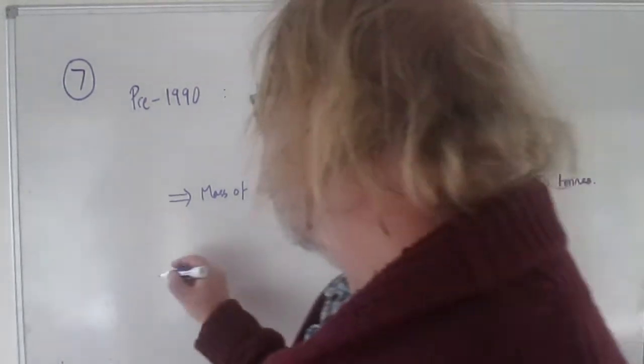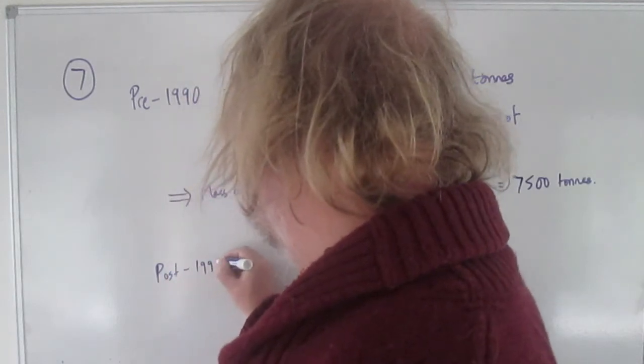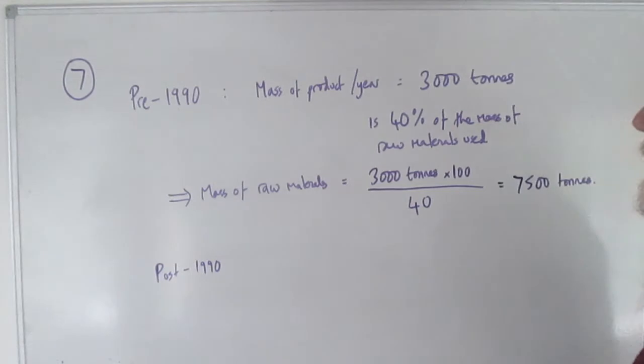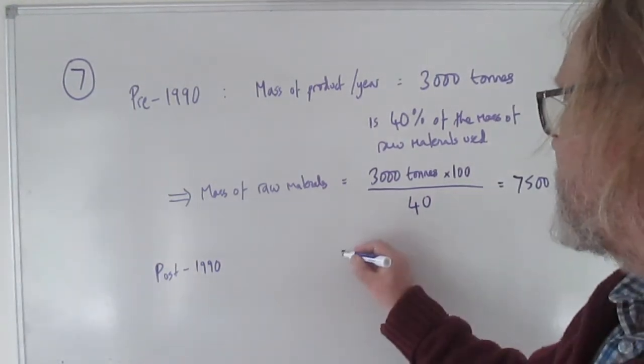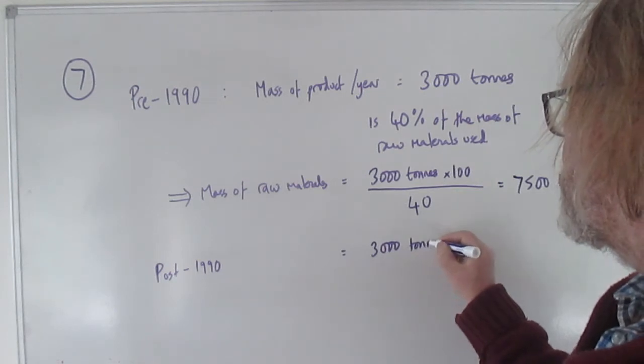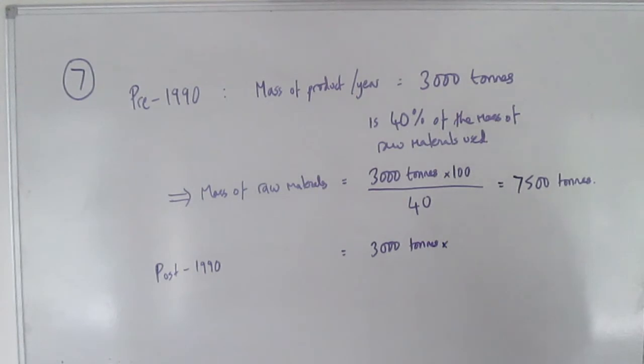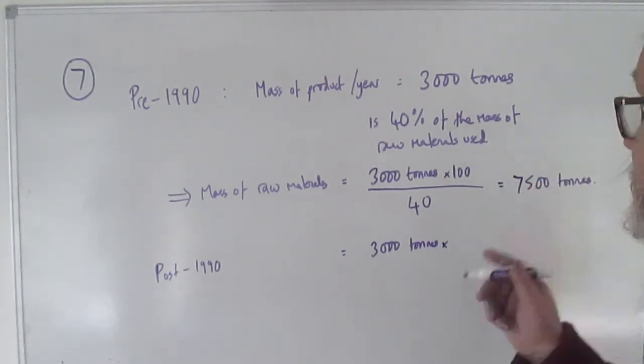Now if we do the same calculation post 1990, we're going to get that that's equal to still 3,000 tons, because our consumption of ibuprofen we're assuming is roughly the same, but this time it's 77% efficient in terms of atom economy.